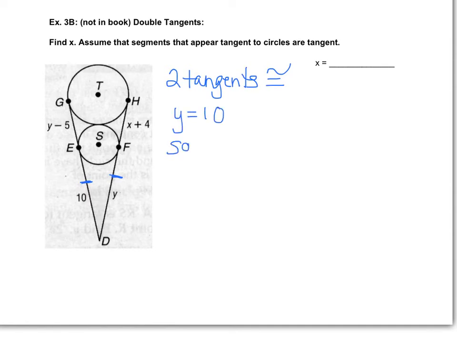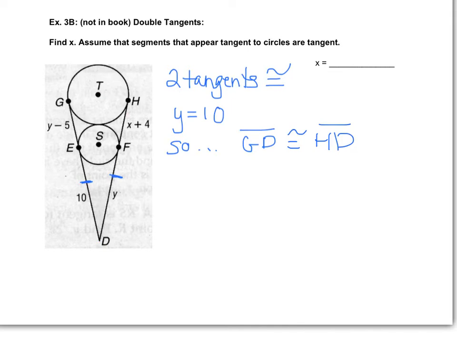So once I know that, I can also assume that GD, which is here, this whole entire length, because I'm talking now about tangent to circle T up top, GD is going to be congruent to the other tangent side there, HD. And if that's the case, then if I set those entire lengths together, I need to add up the pieces.